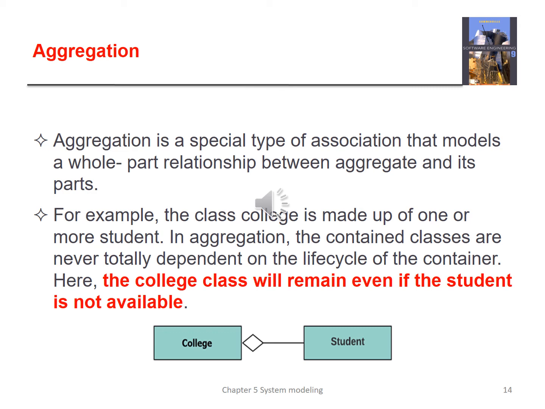In aggregation, the contained classes are never totally dependent on the life cycle of the container. Here, the college class will remain even if the student is not available. The college is not going to go away if there is no student enrolled this semester.